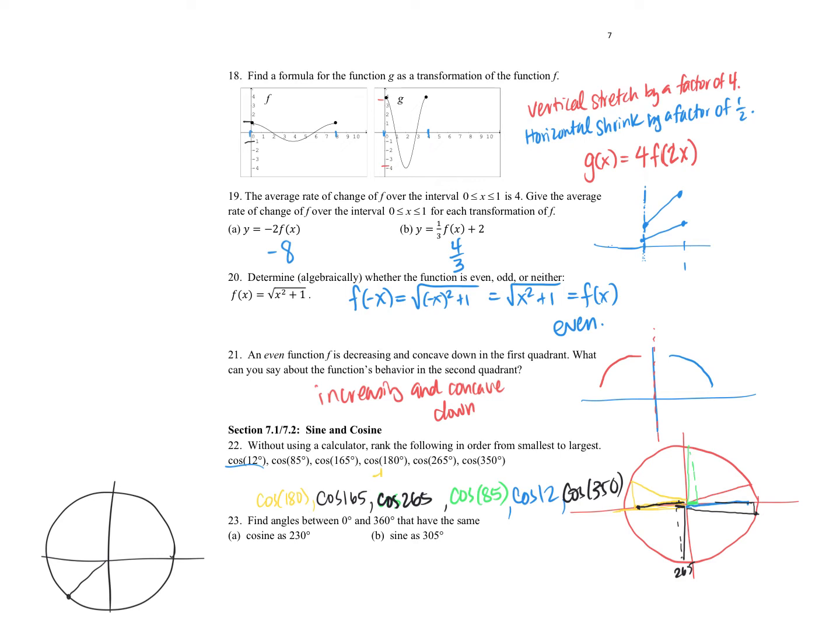If I did 230 minus 180, I would get that the reference angle is 50. The cosine value is the x coordinate, so I need to go up here to the reference angle 50 to see what that angle is. If I did 180 minus 50, that gives me 130.